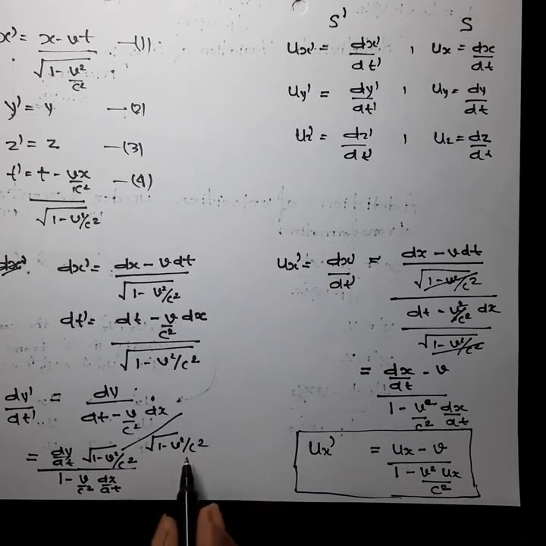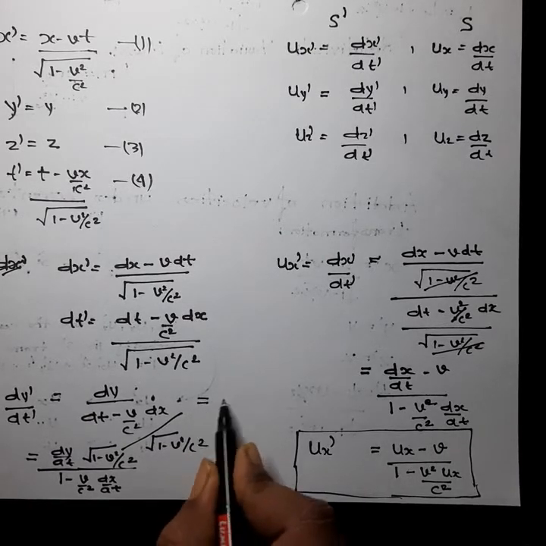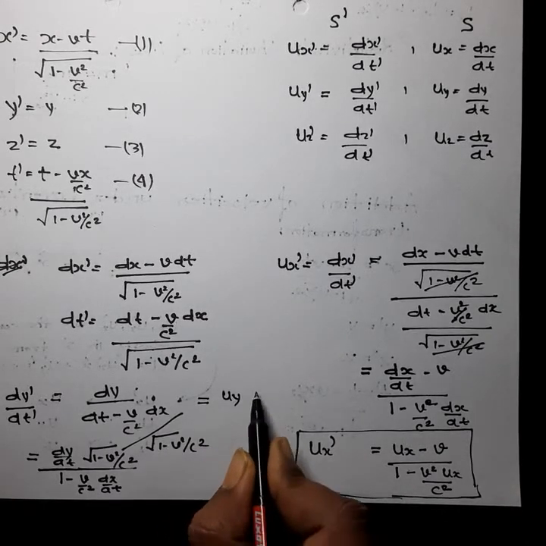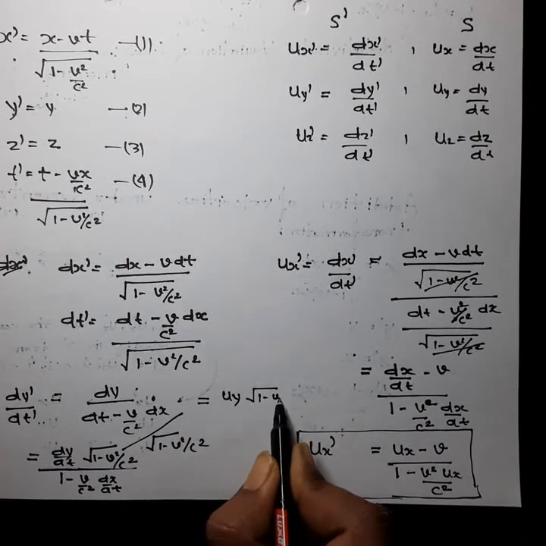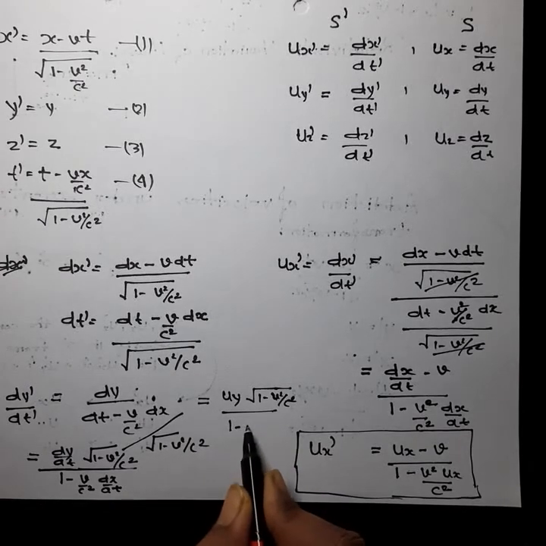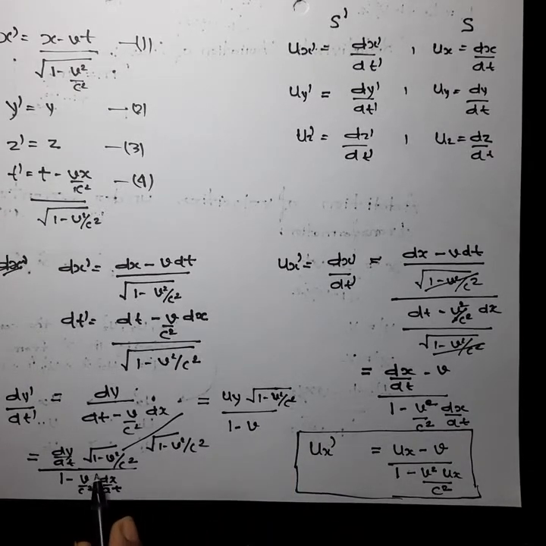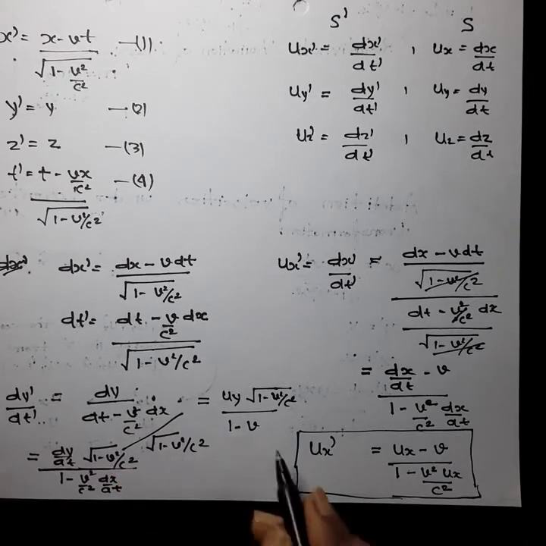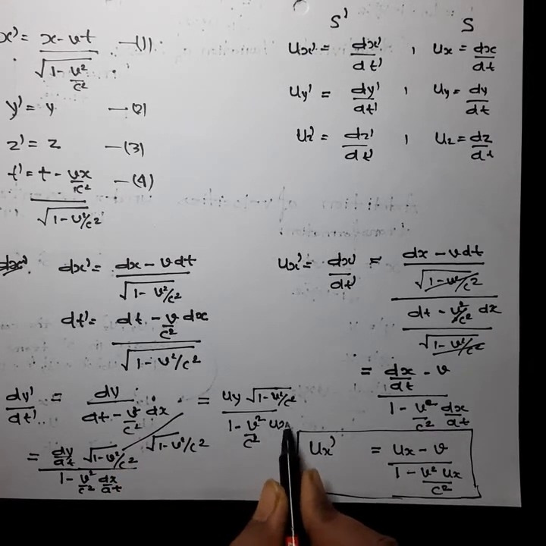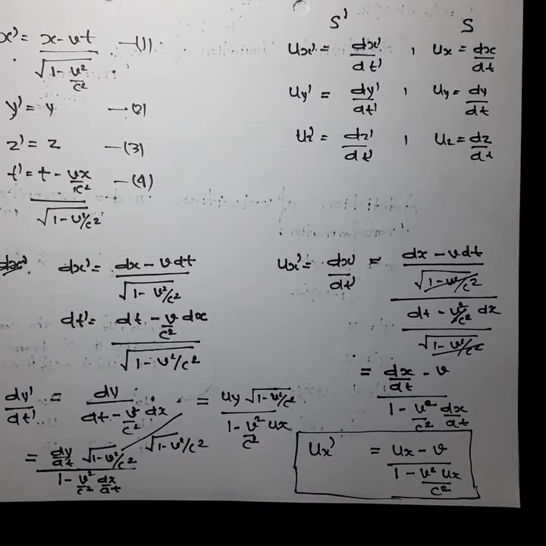So you finally get the following relation: dy by dt is uy multiplied by square root of 1 minus v square by c square, divided by 1 minus v square by c square dx by dt, where dx by dt is ux. So this is the expression for uy dash.